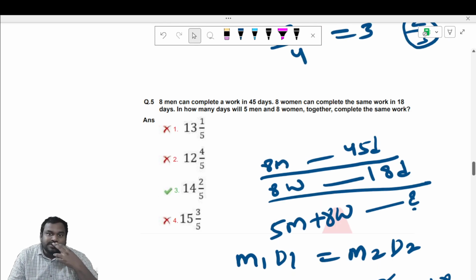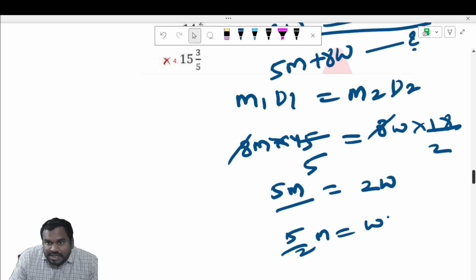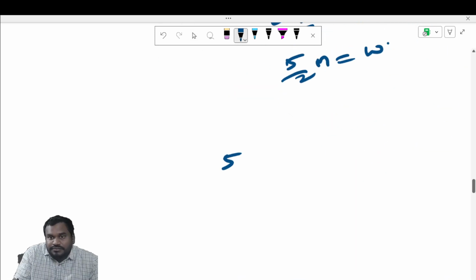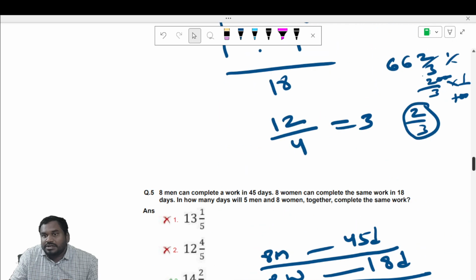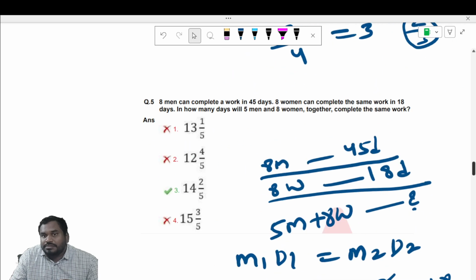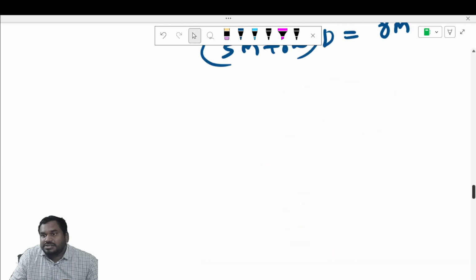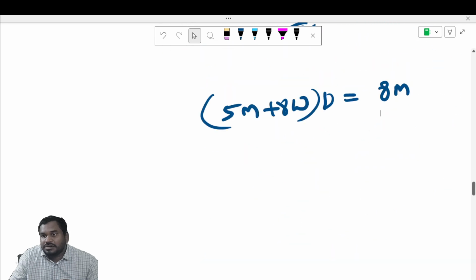So in how many days will 5 men plus 8 women complete the same work? Same work means 8 men can complete the work in 45 days, so 8 men into 45.